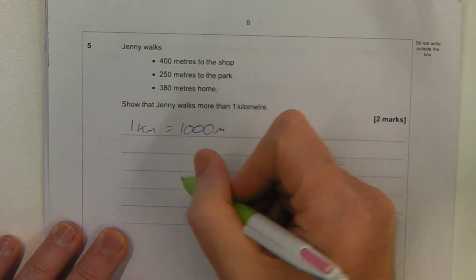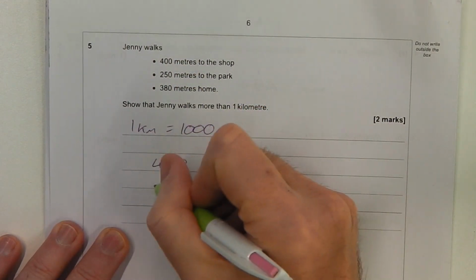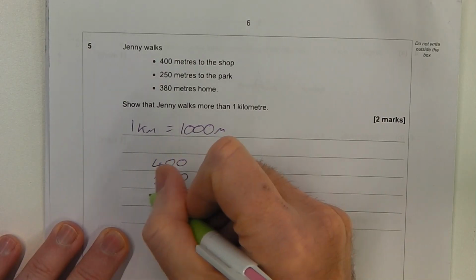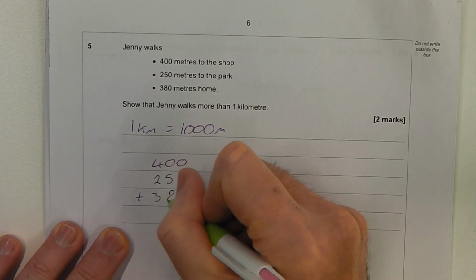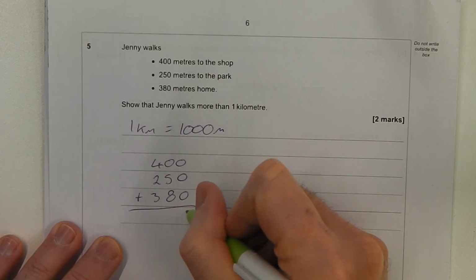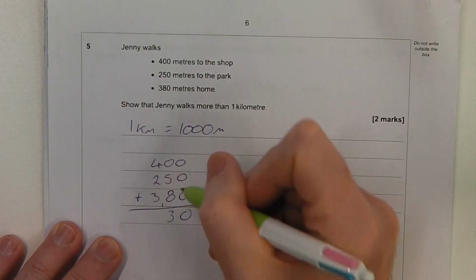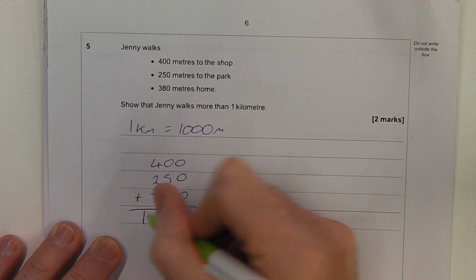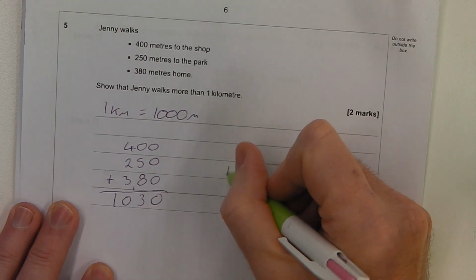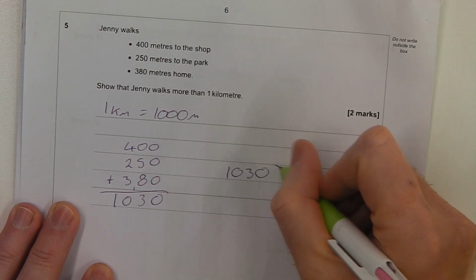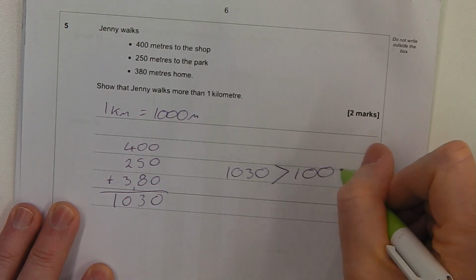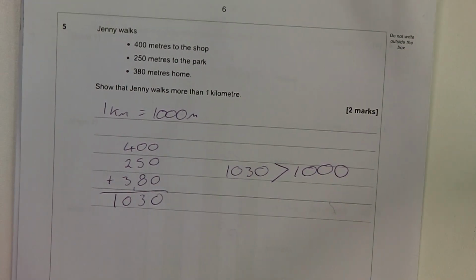Then we can deal with all the others. So 400 plus 250 plus 380. So as you go through that, I get 1030, and we can say that 1030 is greater than 1000. And there we go, we've proved it.